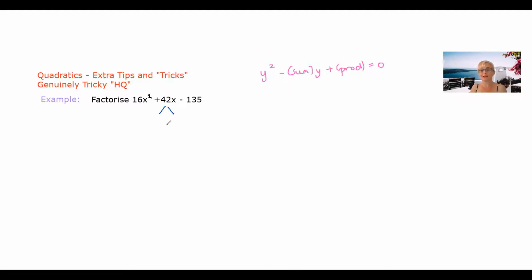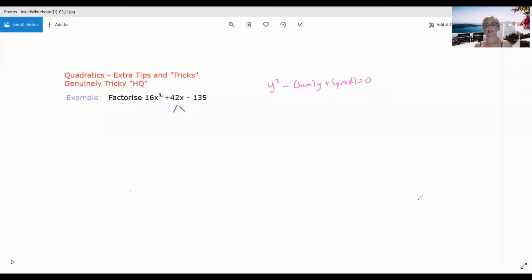If we can solve this for y, this will actually tell us the 2 answers that we need here. When we're trying to find our 2 numbers, we're in essence solving a monic quadratic equation. We could, if these numbers are relatively simple, factorize this, use our null factor law and go from there.